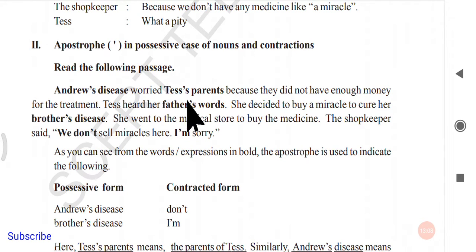Apostrophe means we put something like a comma above the line. See here, it is given above. The apostrophe is used in the possessive case of nouns and in contractions. Possessive case means when something belongs to you.